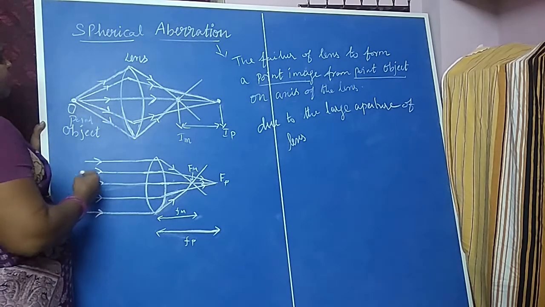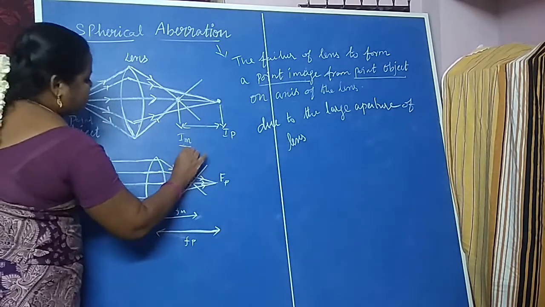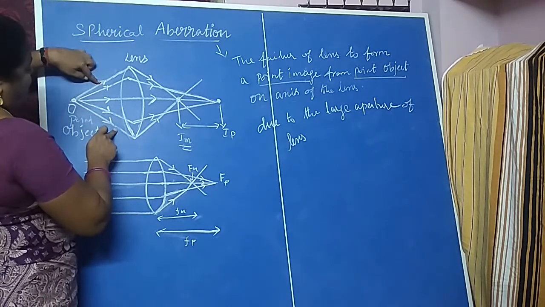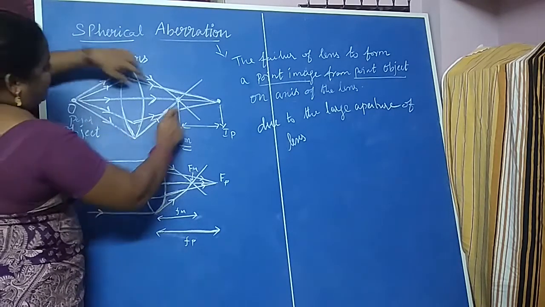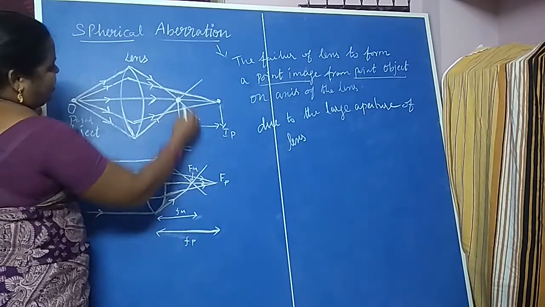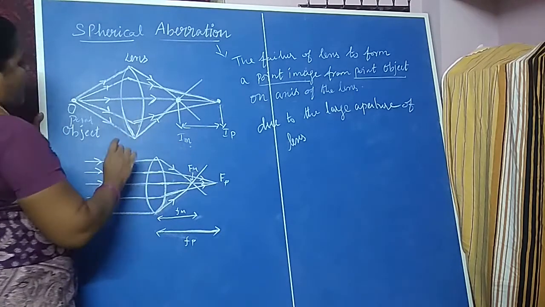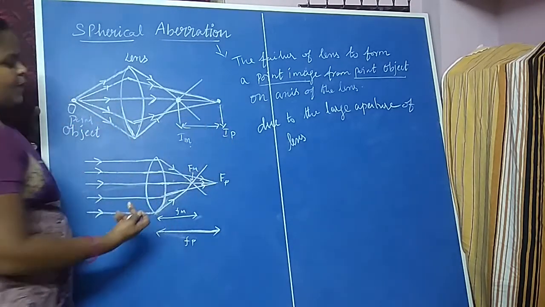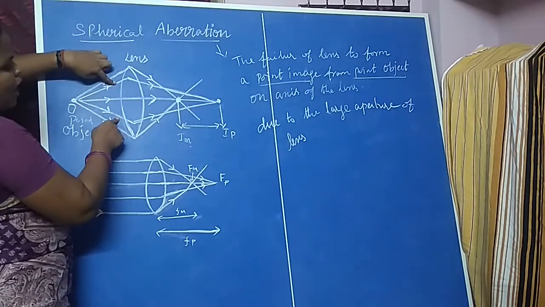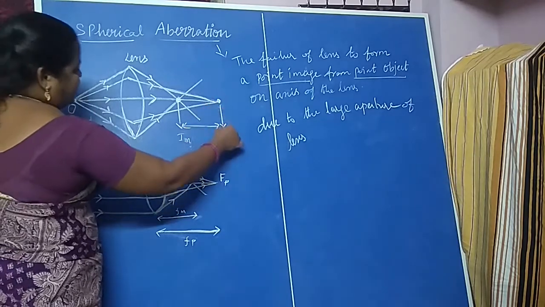From this point object, we are getting two images. One image is from the marginal rays. These two are the marginal rays, focused at this point, which gives one image of the object. We get one more image due to the paraxial rays. These two are the paraxial rays, which focus on the point IP.